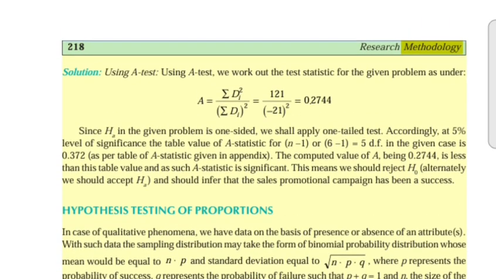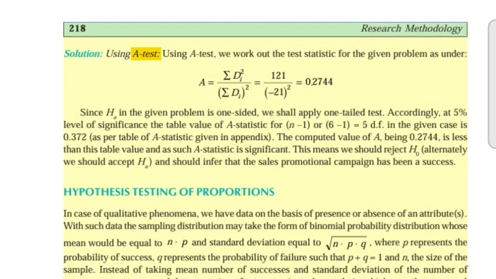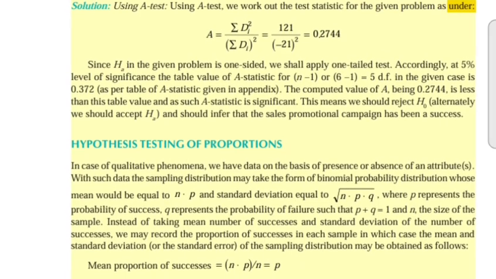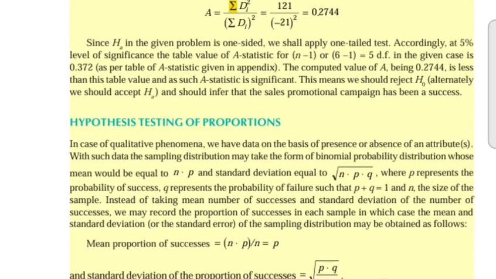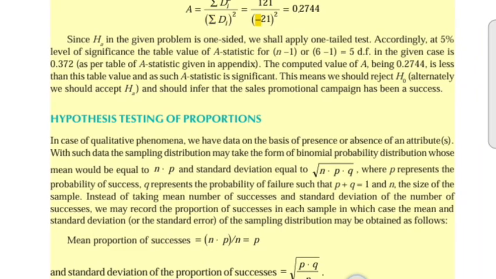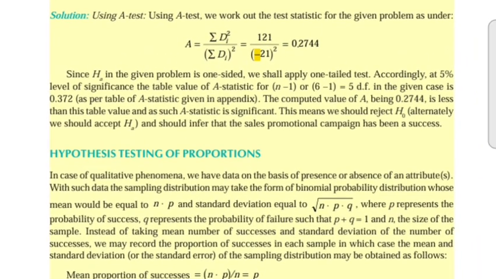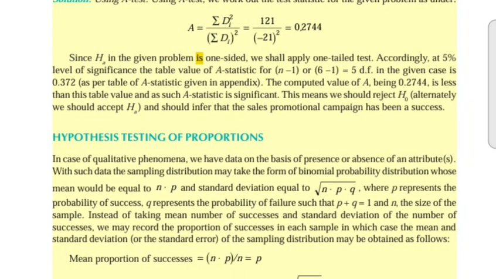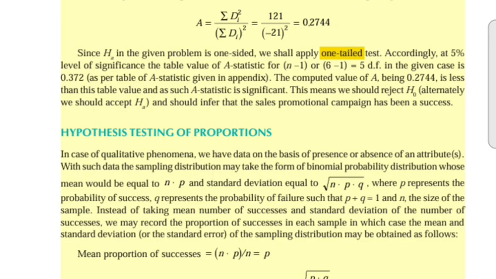218 Research methodology. Solution using the A-test. Using the A-test, we work out the test statistic for the given problem as under: A = Σdi²/(Σdi)² = 0.2744. Since Ha in the given problem is one-sided, we shall apply a one-tailed test.